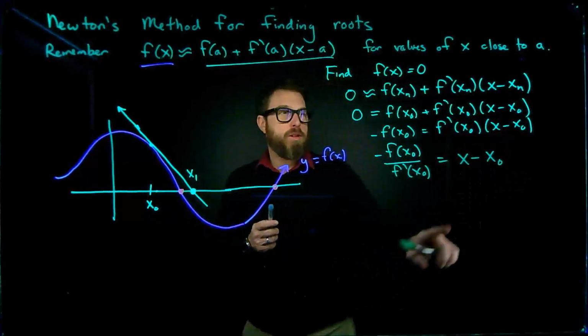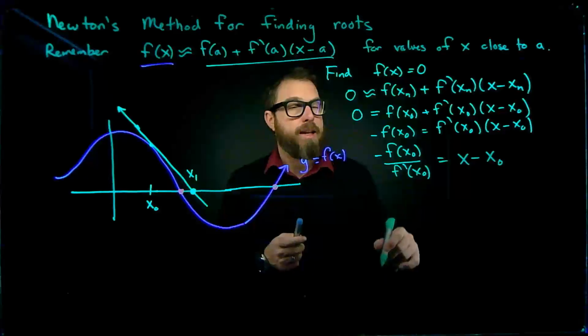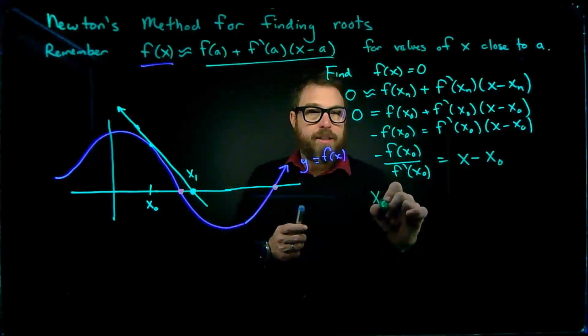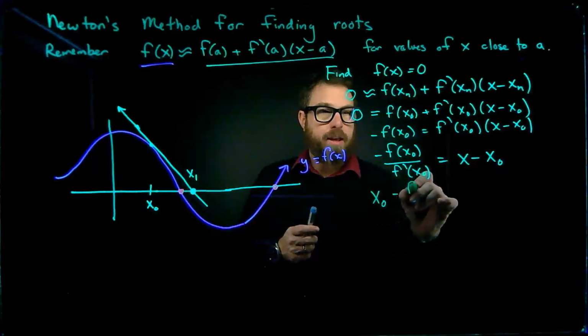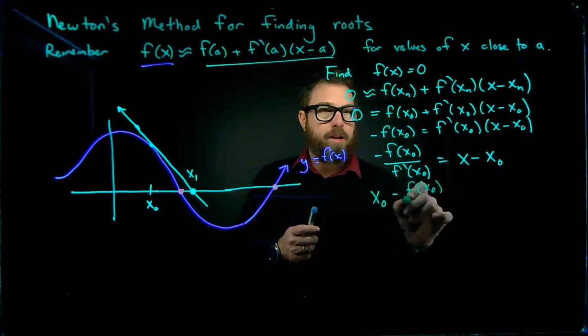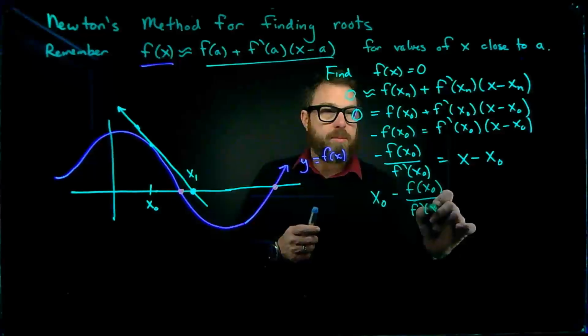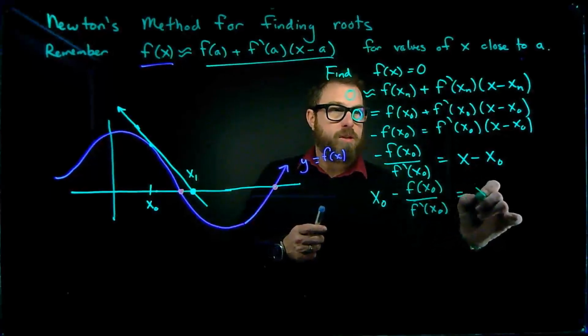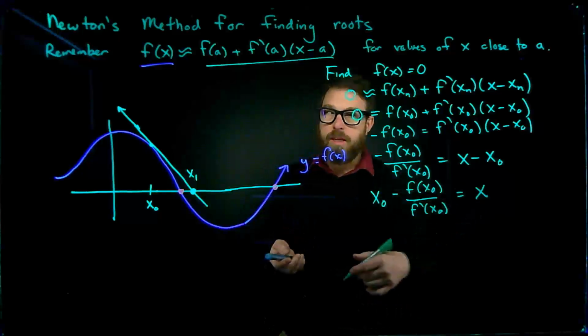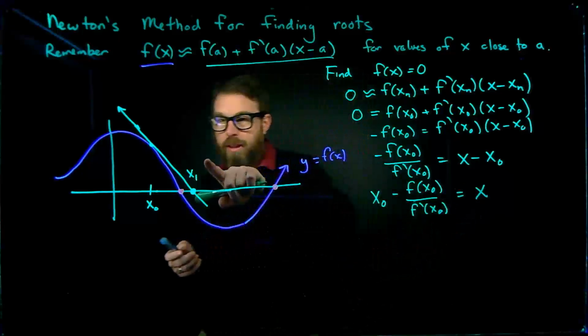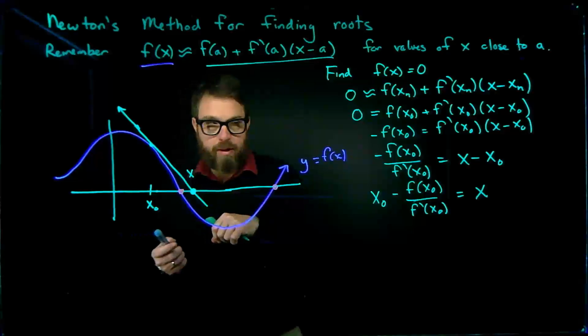And the last thing I'm going to do is add x naught to both sides. So then I have x naught minus f of x sub naught all over f prime of x sub naught, and of course this is equal to our x. So in this case, this is going to be equal to our x1. I know I labeled this x, but it's really that x value right there.